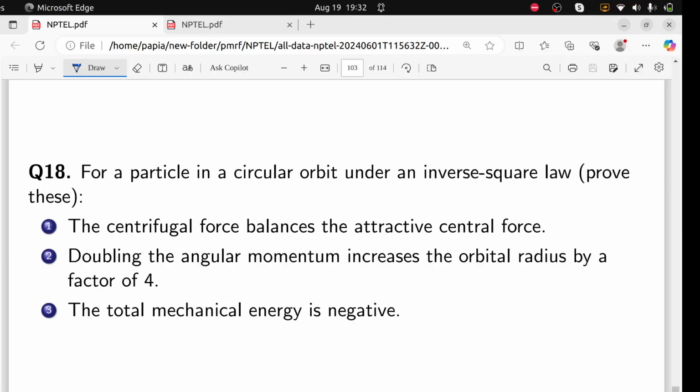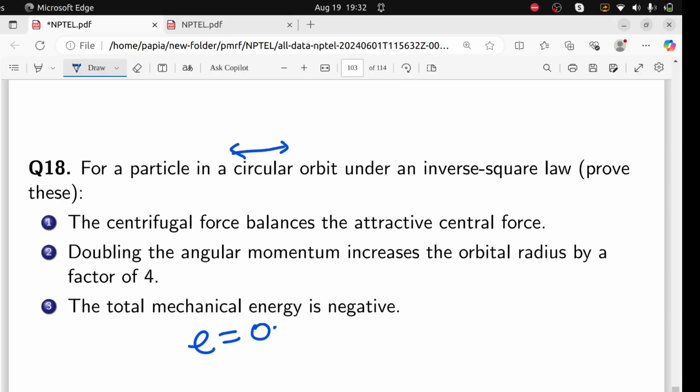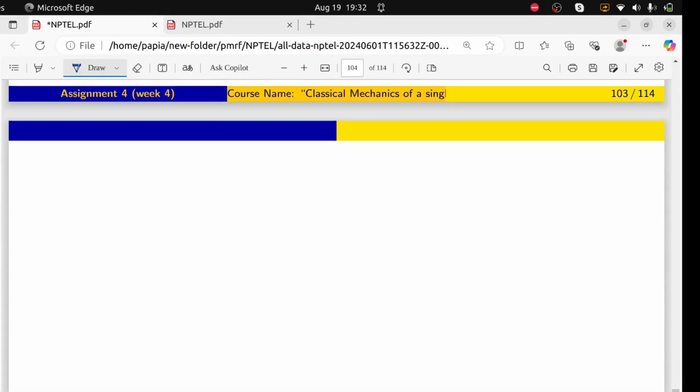Okay, you have to clearly see that this is a circular orbit. Circular orbit means obviously e equals to 0 first of all. And centrifugal force balances the attractive central force. Okay. e square equals to 1 minus 2E L square by m k square. So e equals to 0, right?